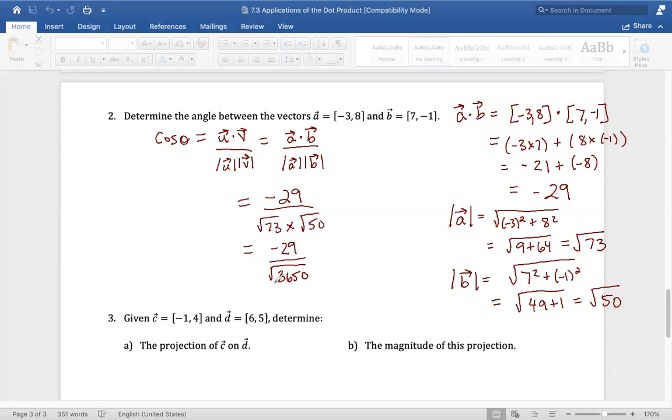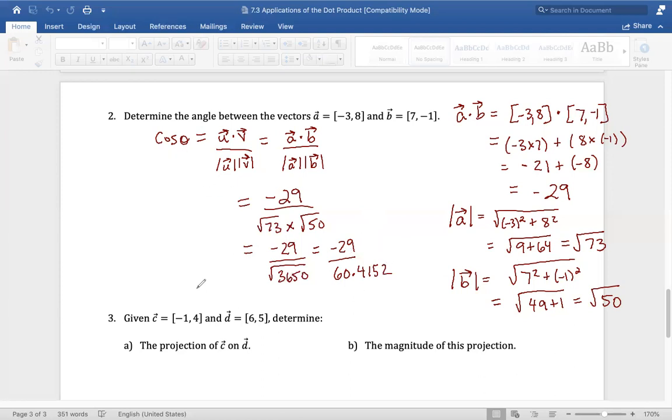So if I take the square root of 3650, I get 60.4. So again, you could have here -29 over 60. It's nice to put kind of 4 decimals when you're trying to get an angle. So let's say I would actually do 60.4152 technically, or again, you can bypass this step completely.